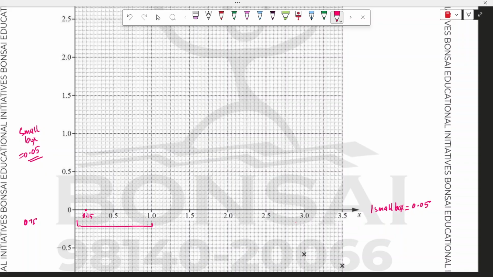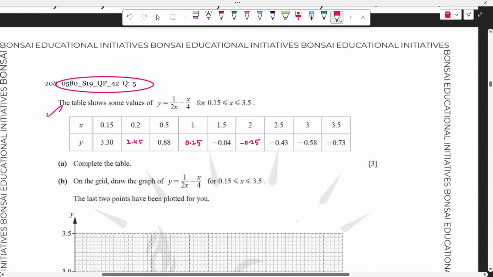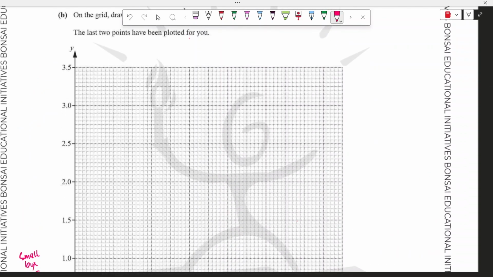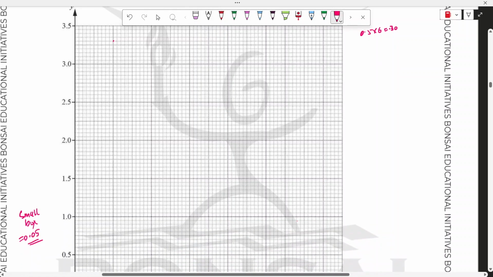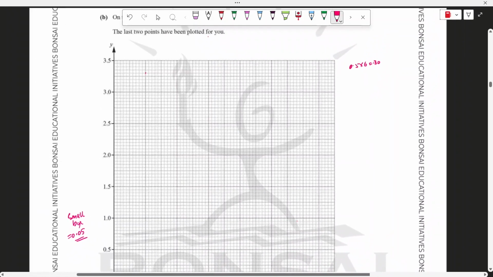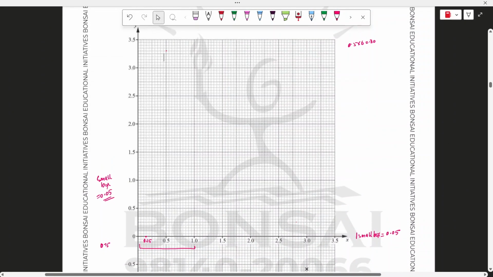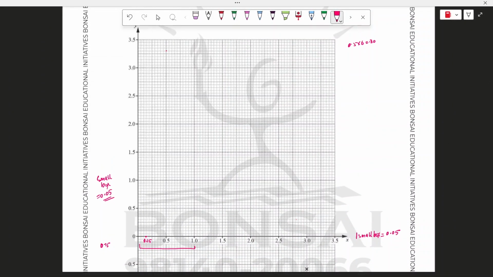And Y we need to take as 3.3. 3.3 means 0.5 times 6, so it comes out to be 3.0. It means we need to take 6 boxes of 0.5. So this is going to be here approximately. Okay, so we have to raise this point.